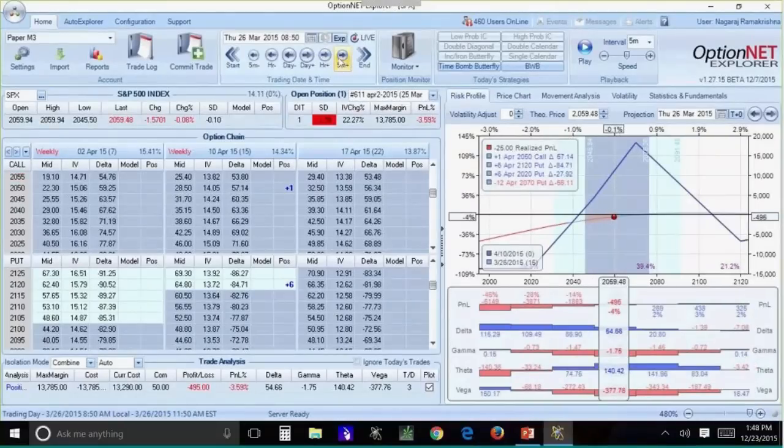Okay, so SPX has moved quite a bit to the downside before I made this adjustment.